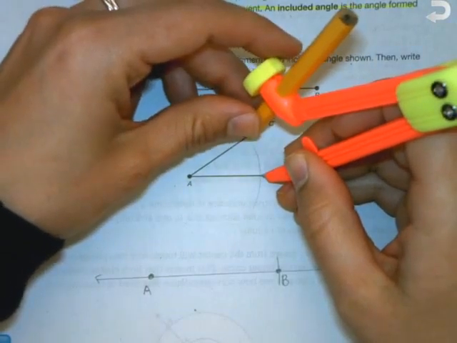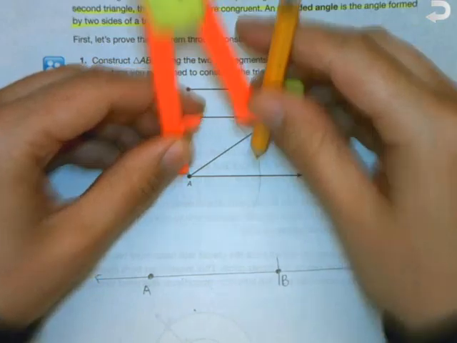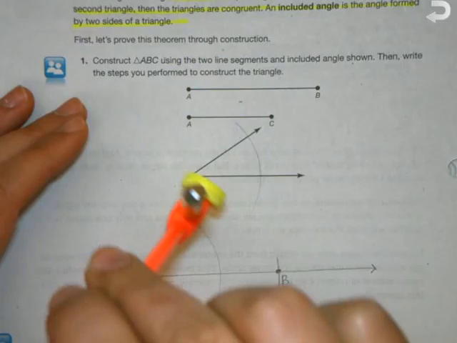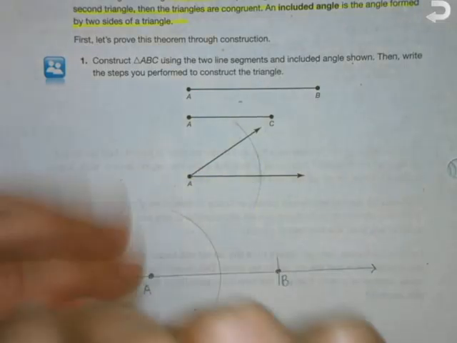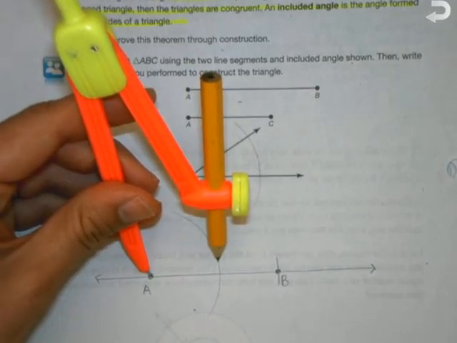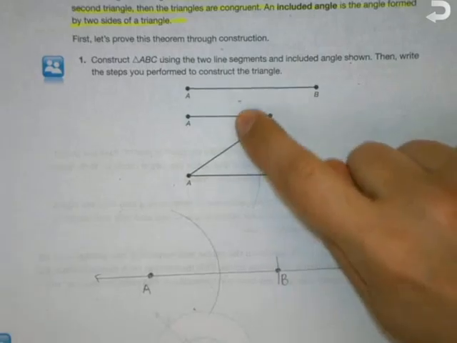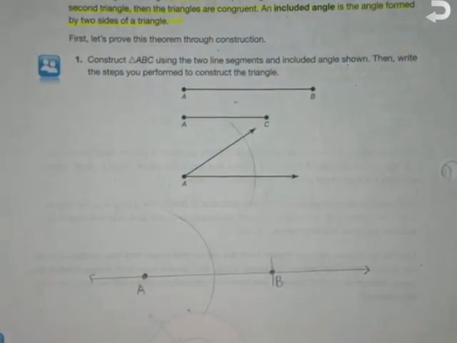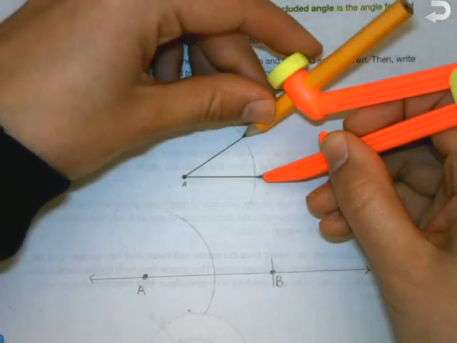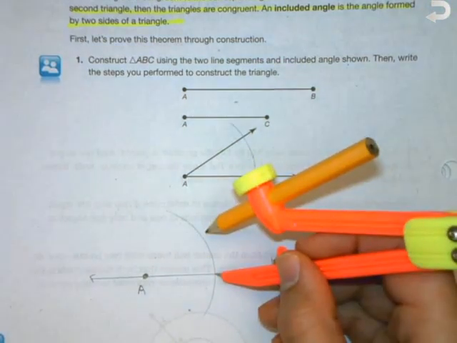Then we make that arc on our starter line, right? So you made an arc on your angle, you have to make the same arc on your starter line because we have to know where to put our compass. So this arc and this arc should be the same, right? And then we measure the distance on our original angle between the two intersection points, and we have to make that intersection point on our new angle, where we're copying it.